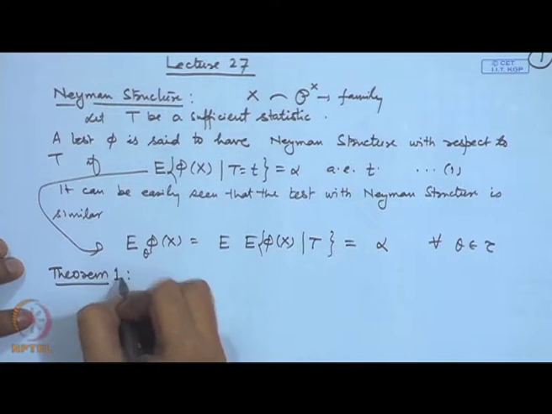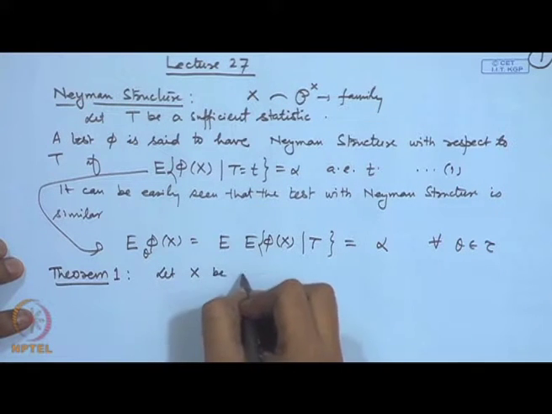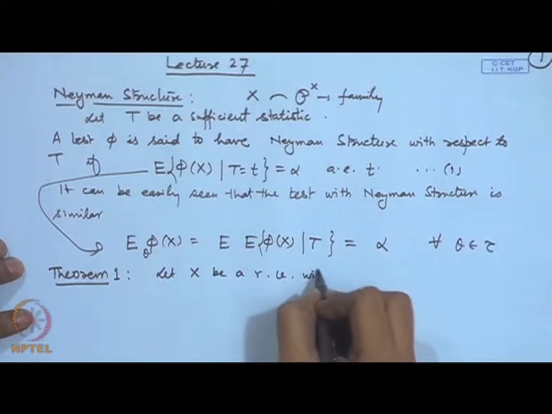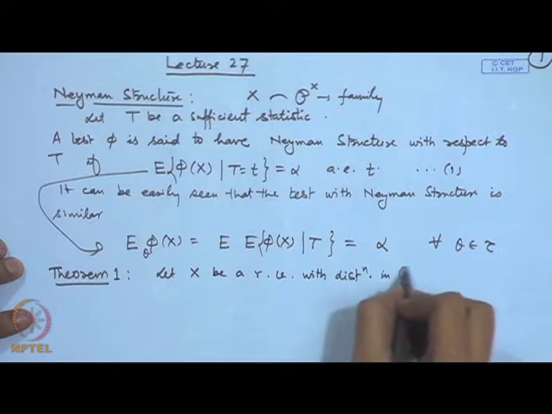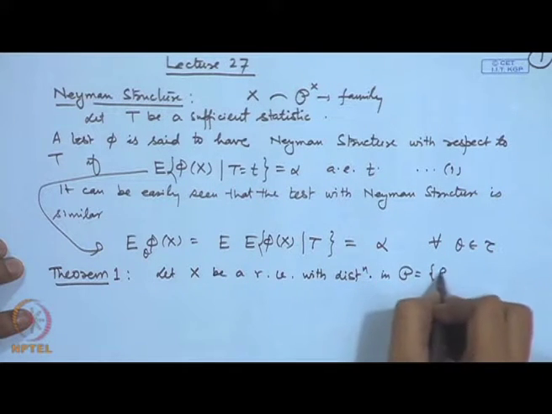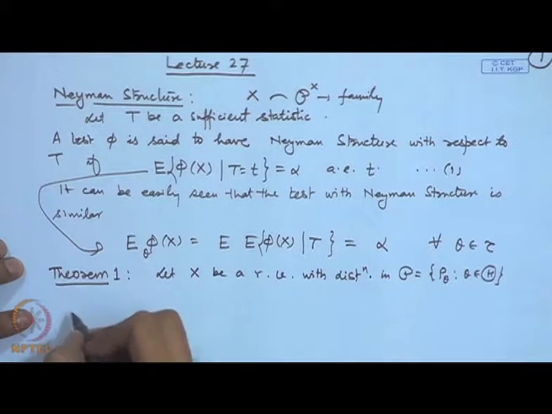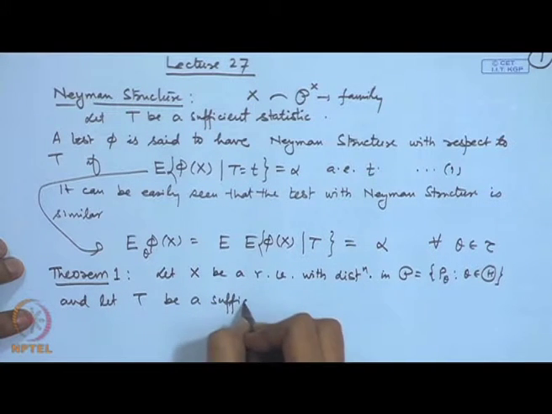Let me give some numbering here. Theorem 1. Let X be a random variable or random vector with distribution in P, and let T be a sufficient statistic.